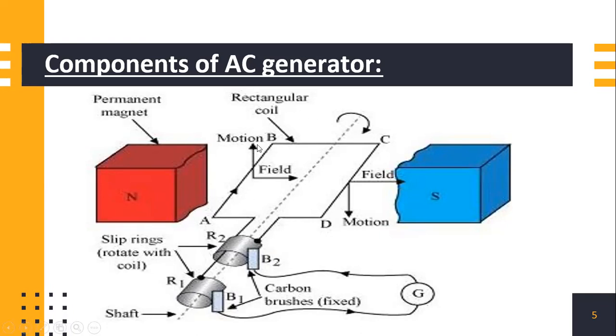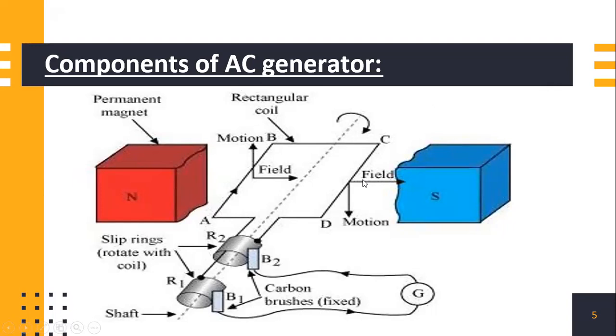The motion of the coil is upward and the direction of the magnetic field is from north to south. This arrow shows the direction of the magnetic field from north to south. On side AB the motion of the coil is upward, and on side CD the motion of the coil is downward, according to Fleming's right hand rule.